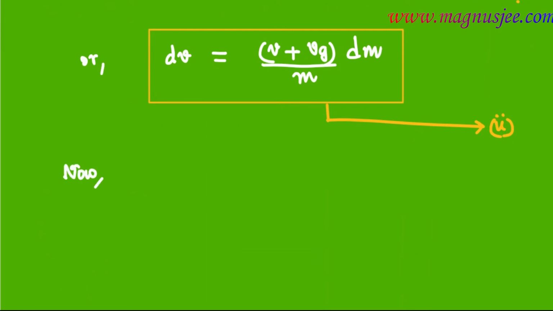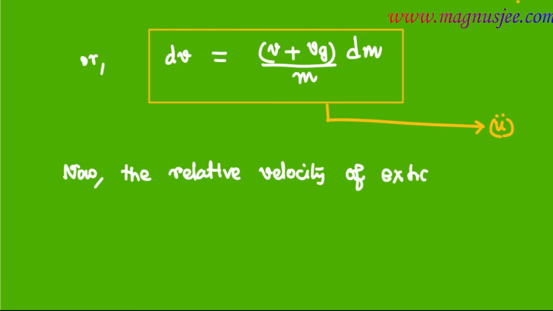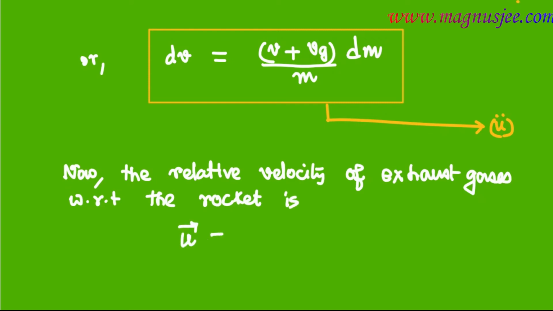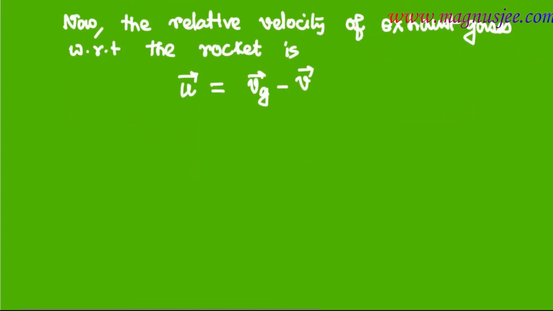Now the relative velocity of the exhaust gases with respect to the rocket is vector u equal to vector vg minus vector v, because relative velocity is the difference in velocities of exhaust gases and rocket.